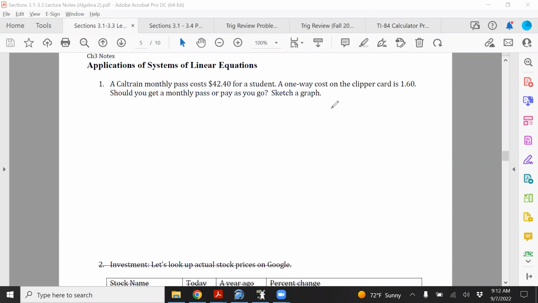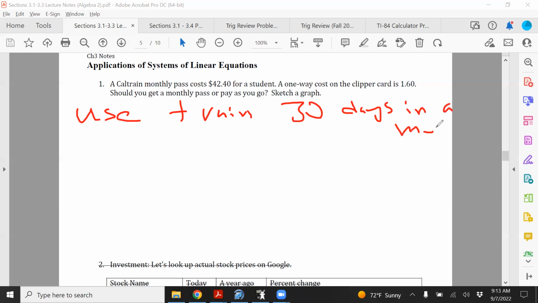Do you use a train every day? Probably not. Okay, 5 days a week. Let's say you use a train 30 days in a month, $48.